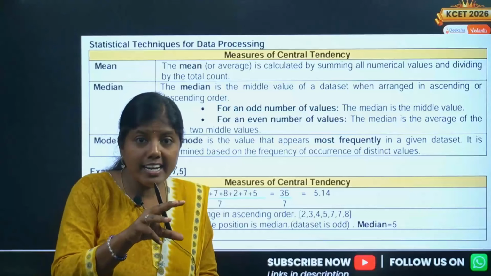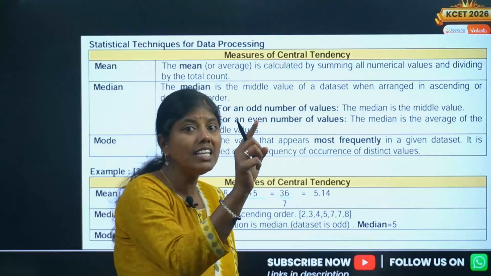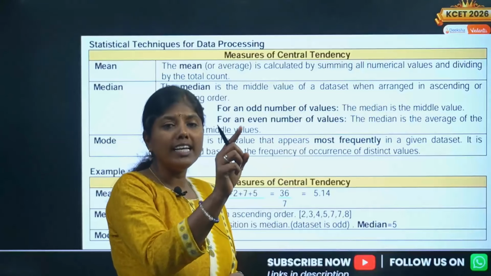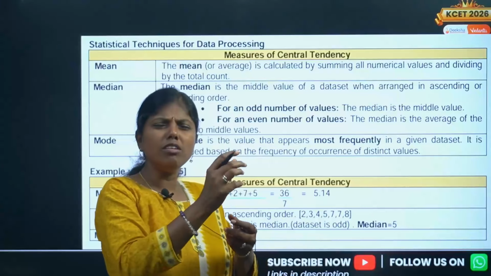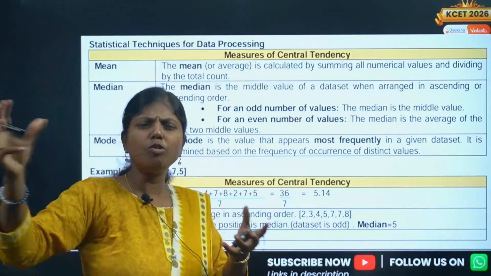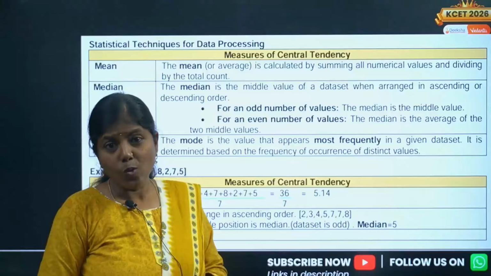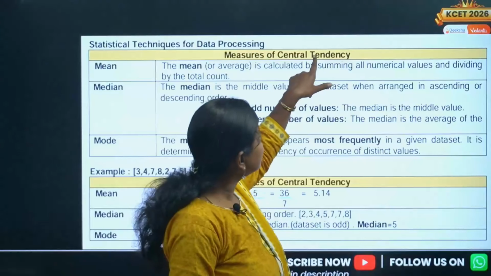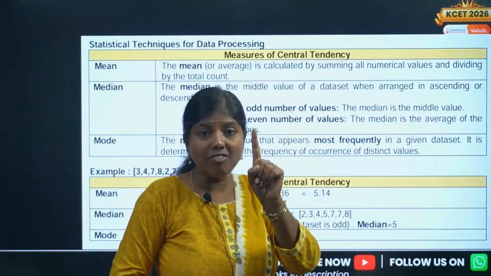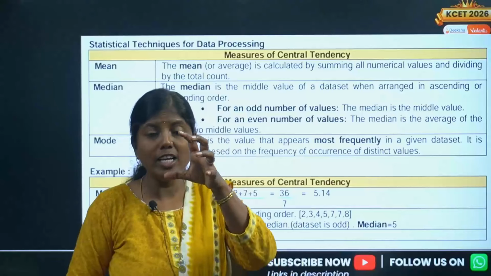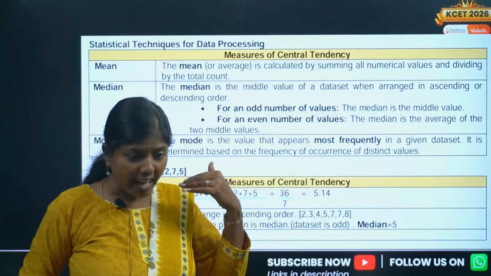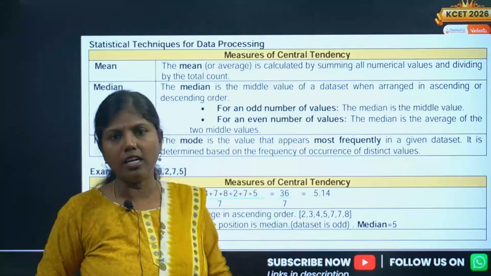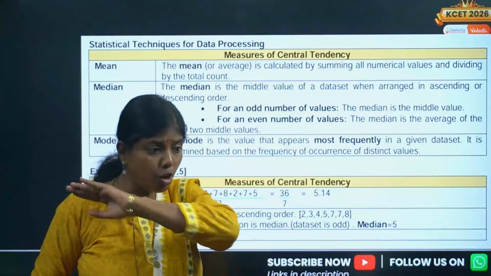A measure of central tendency gives you a single value that gives some idea about the entire data set. For example, I have the percentage of all the students in the class.